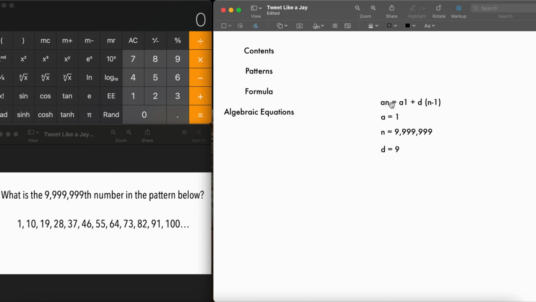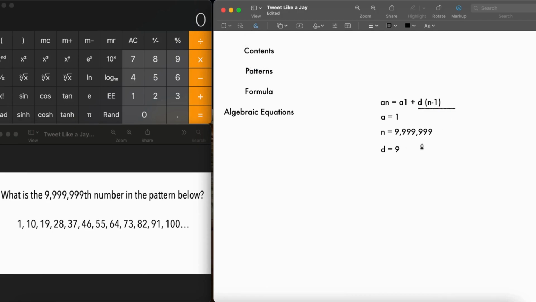That means A_N equals A_1, which is 1, plus D times (N minus 1). What the bracket does is symbolize how many D's there are.